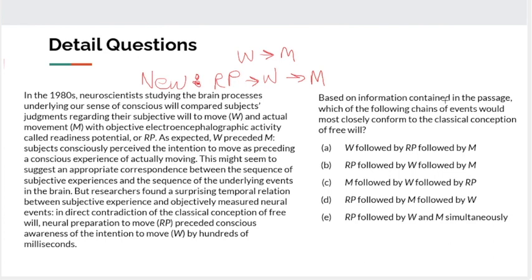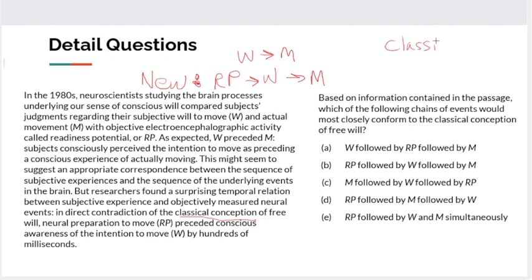Okay, so based on the information contained in the passage, which of the following chains of events would most closely conform to the classical conception of free will? Okay, so here, the classical conception is alluded to in this last sentence, and what it says here again is that this idea that RP actually precedes W is in contradiction to the classical understanding.